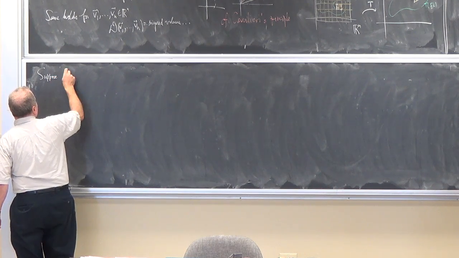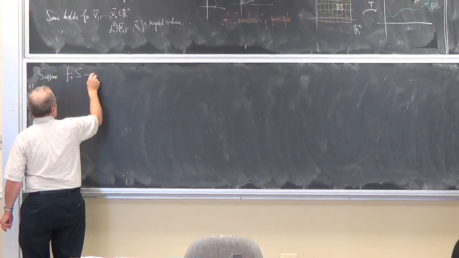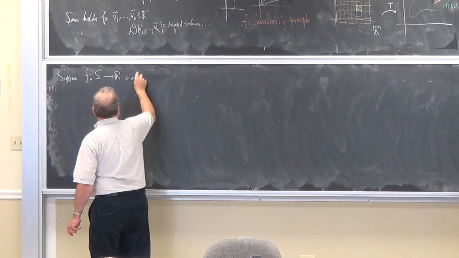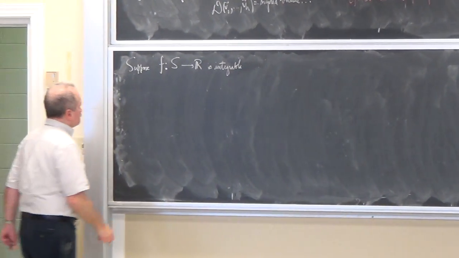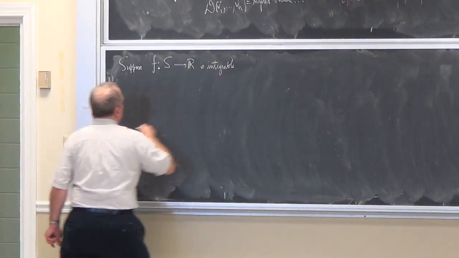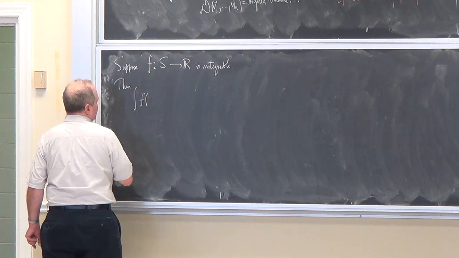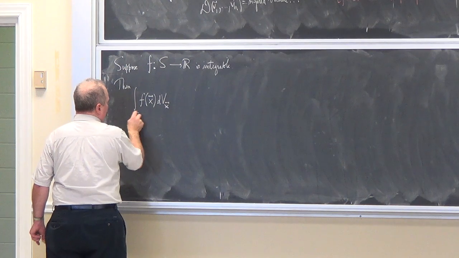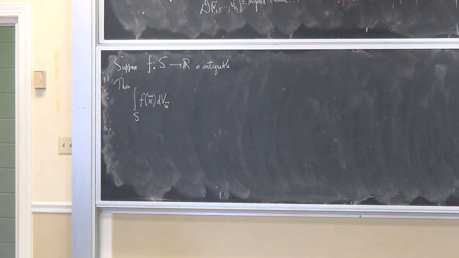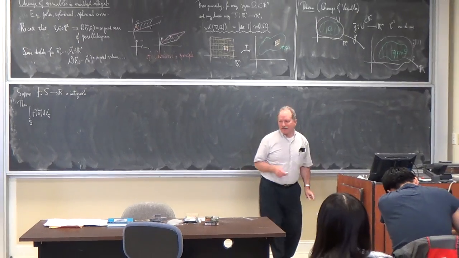I'm not that artistic. So suppose F mapping S to R is integrable. Then integrating F over the region S, I can rewrite as integrating f∘G back over the region omega.